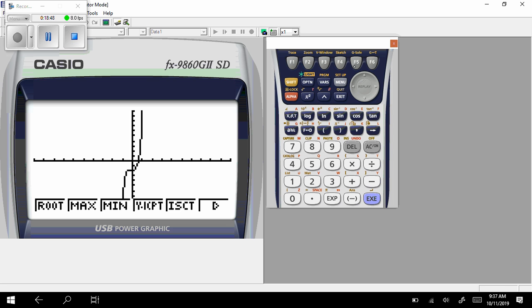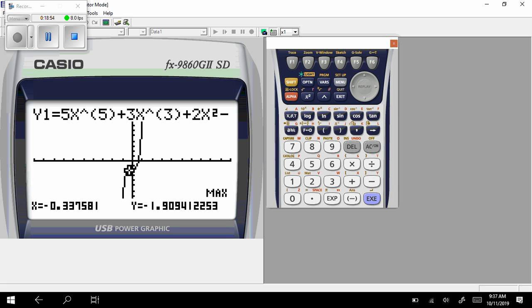So we can go gsolve max. And it finds one for us right there. Negative 0.33758. So negative 0.3. The y value is negative 1.9. And that's a max.